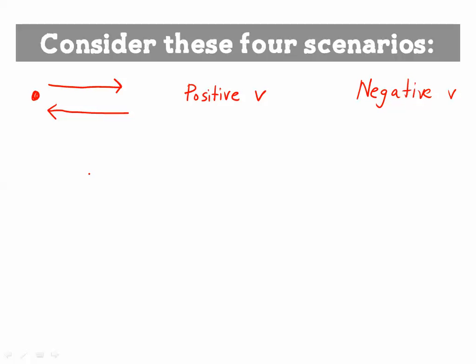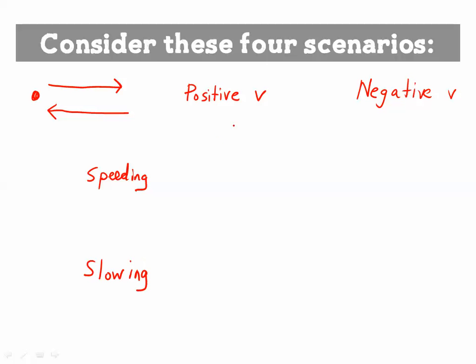We could also have the case where I'm speeding up and I'm slowing down. Now, when I'm speeding up with positive velocity, my velocity is getting bigger over time, and I'm moving away from the origin.